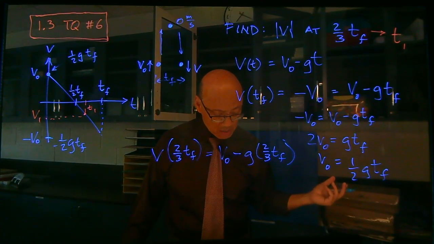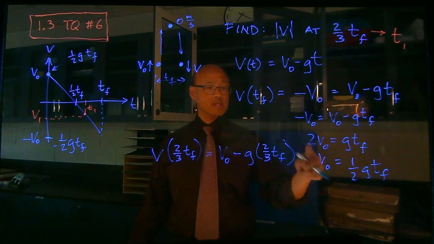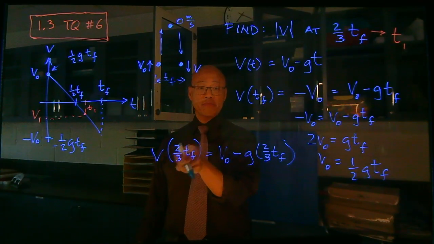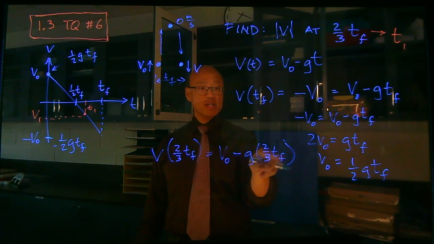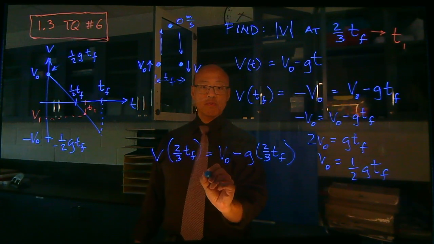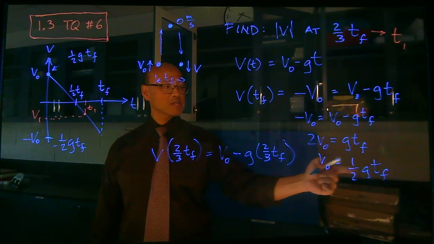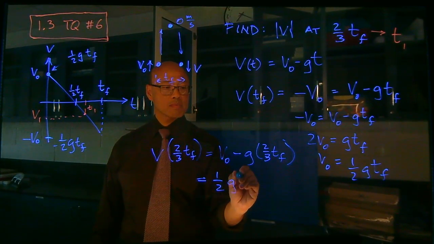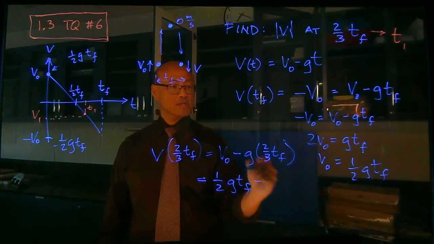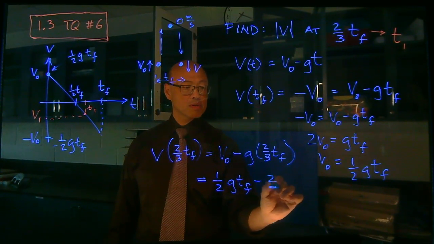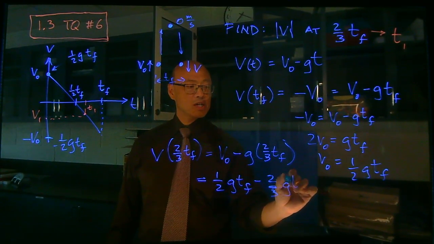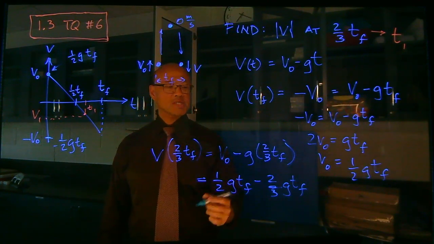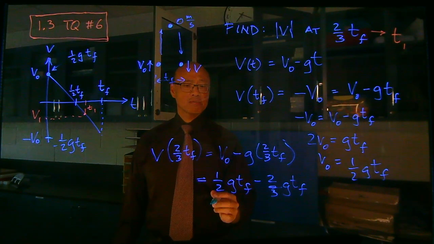It looks like they want velocity in terms of gTF. Well, that's good because I'm literally trying to find this. Now, holy smokes, I've got gTF there. Well, what's v naught? v naught's that, minus 2/3 gTF. What's a half minus 2/3?